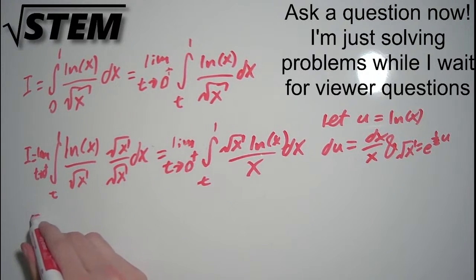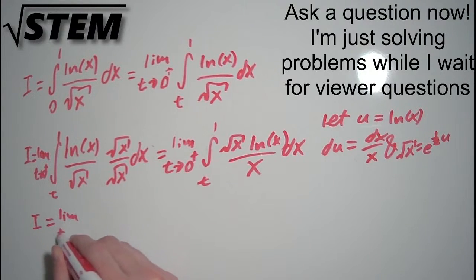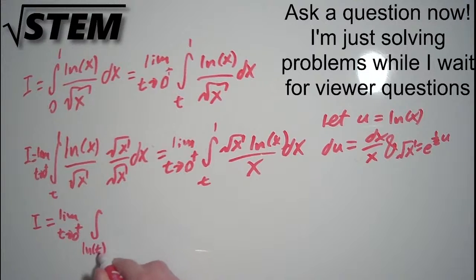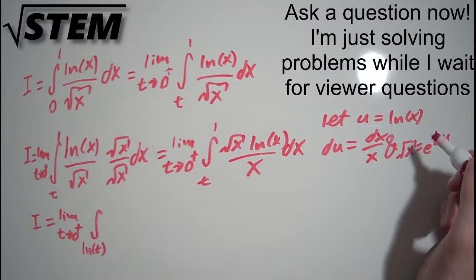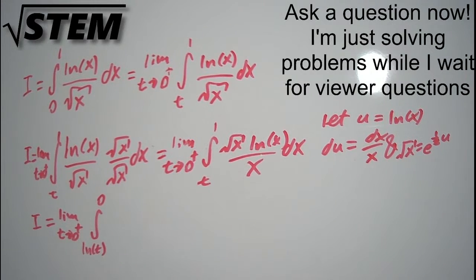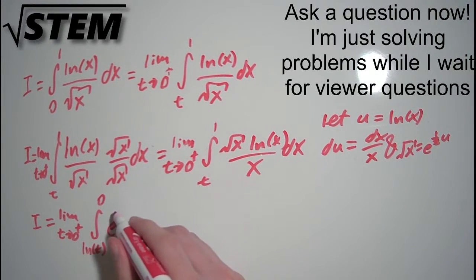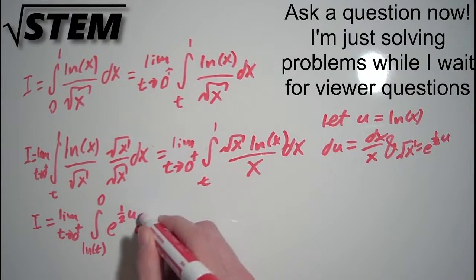So now our integral equals the limit as t goes to 0 from the positive. We're going to have new boundaries. When x is t, u is natural log of t. When x is 1, natural log of 1 is 0. And this is e to the 1/2 u du.